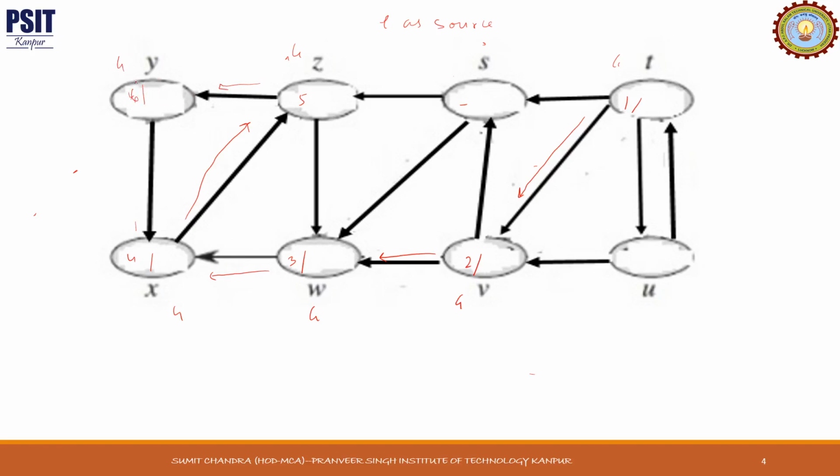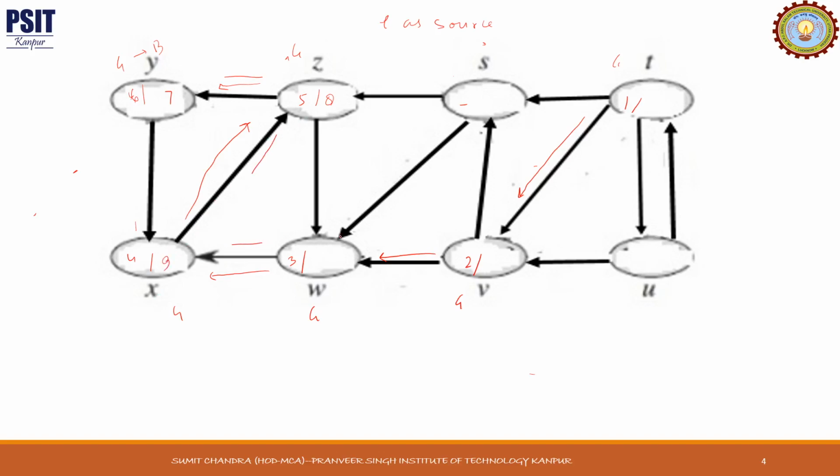There are no neighbors of Y, so the adjacency list of Y has been exhausted, so color will become black. Finish time 7. Then we'll backtrack, we go to Z, and see the neighbors of Z. W has already been explored, there is no neighbor of Z left, so finish time 8. Then we come to X, no neighbor left, finish time 9.